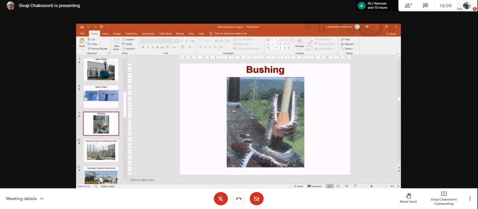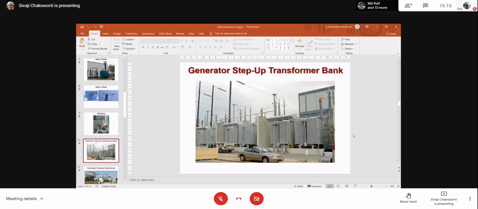The rest of the part is primarily the bushing cover, and of course, this space is never kept as air. It is filled with oil. So that is typically a bushing, but bushings have many different types. This is only one type of bushing. There are several different types.